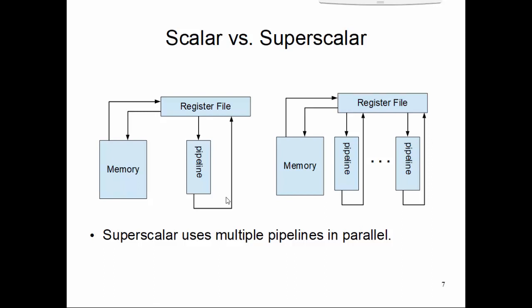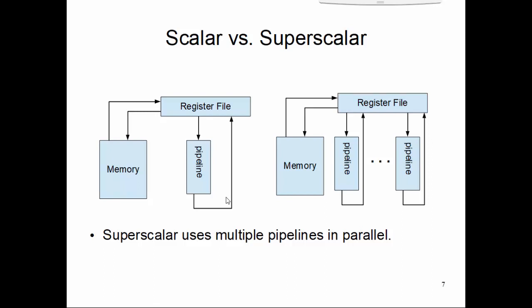Depending on your need and how much you can push into the silicon, you can have multiple pipelines. You can have 10 pipelines if you want. If it suits your business need, you can make such a processor and implement it on the silicon, and that's fine.